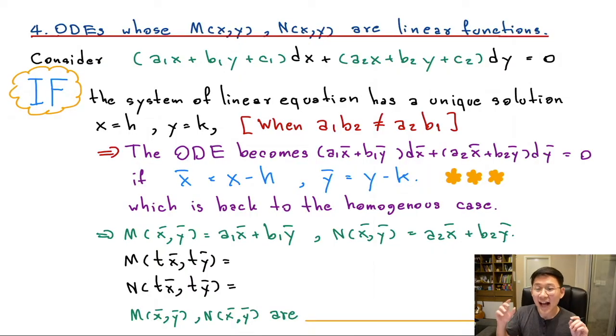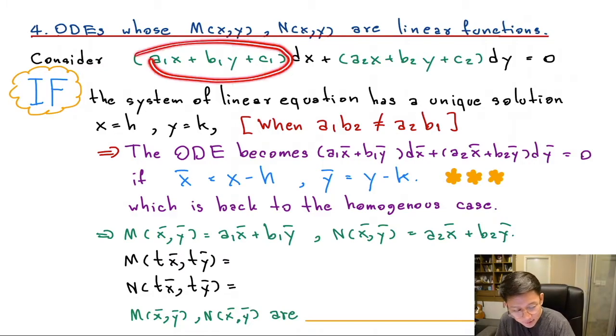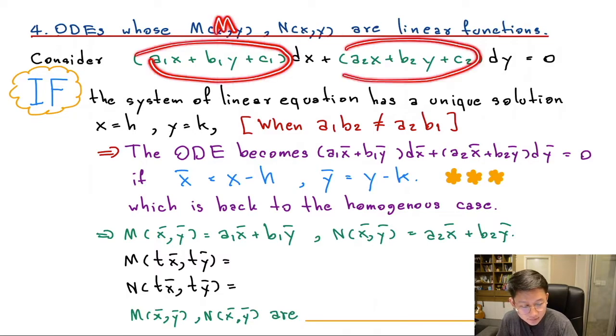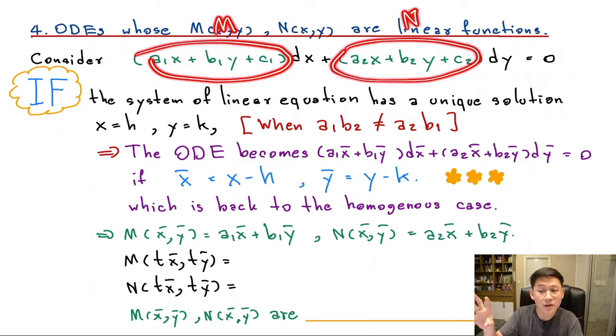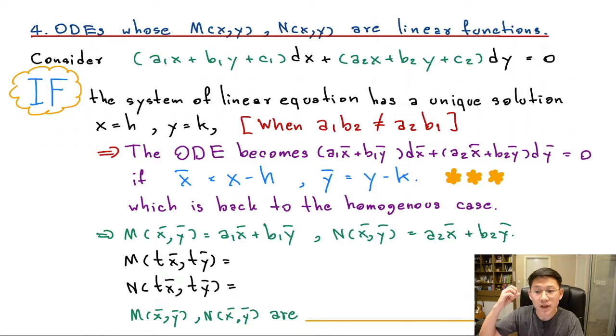As I told you, we're going to look at the ODEs when M and N are linear functions. If you look here, this is M and this is N. These are linear functions: no square root, no x squared, no y squared, no x cubed, no exponential, no logarithm.